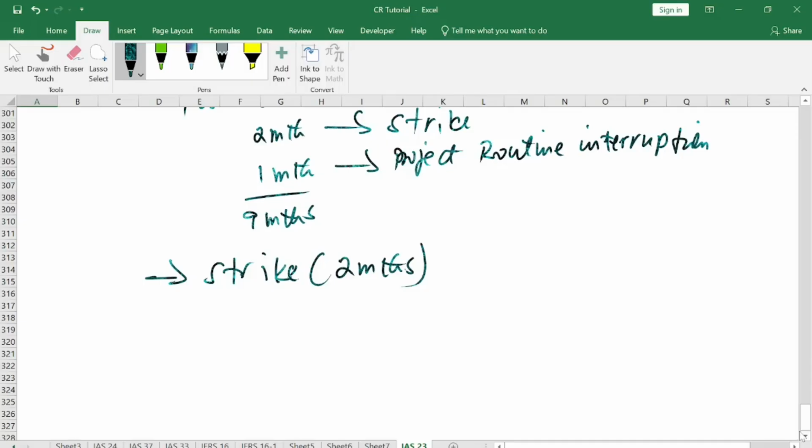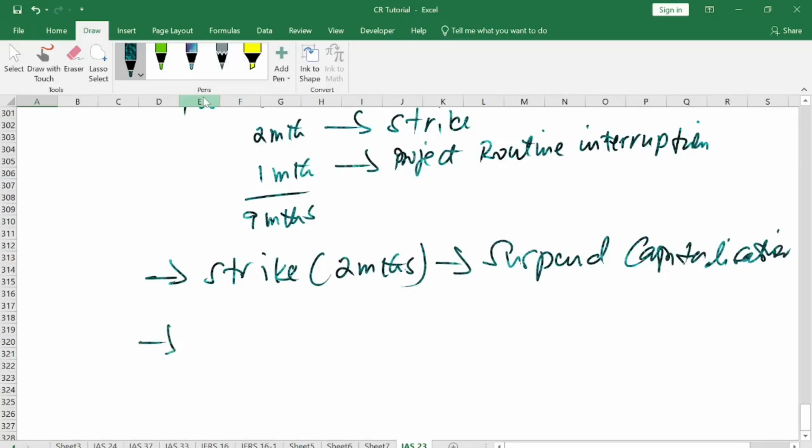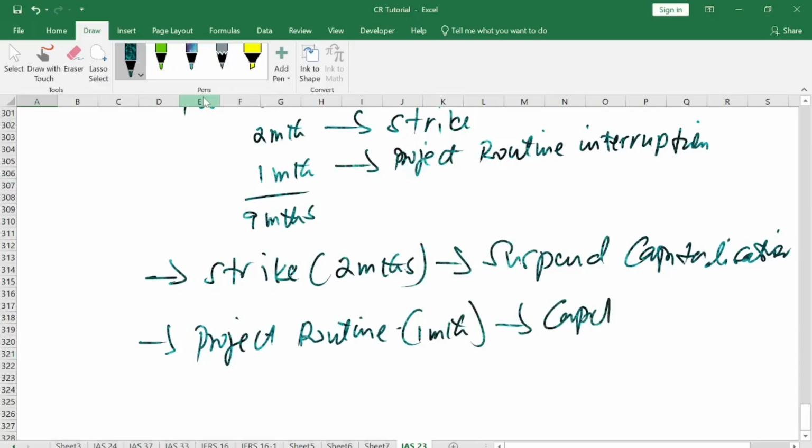So if this is not routine interruption, which is too much of workers going on strike, you suspend capitalization. And then when you pick the project routine, which is 1 month, it is normal interruption. So you capitalize the interest.